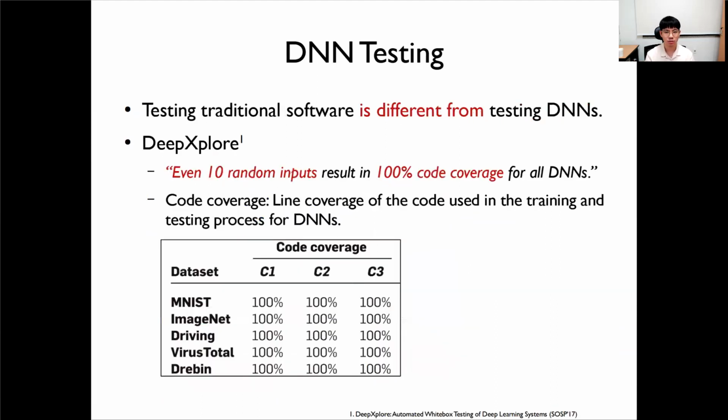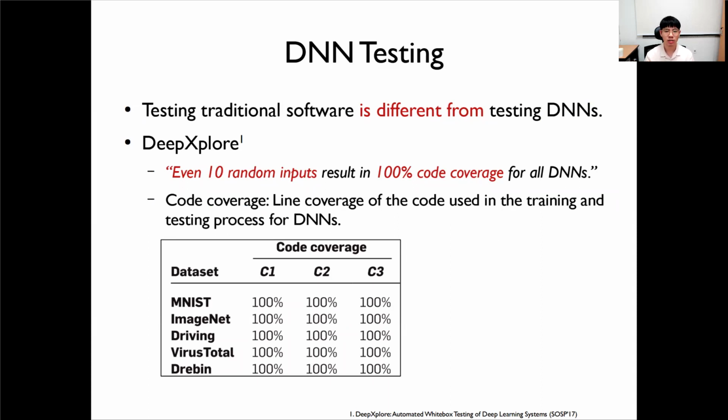However, testing traditional software is different from testing DNNs. According to DeepXplore, presented in SOSP 2017, using only 10 randomly selected inputs can achieve 100% code coverage for all DNNs.